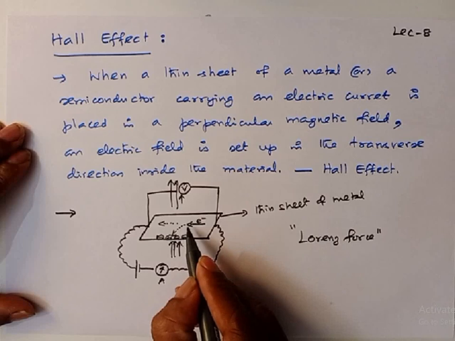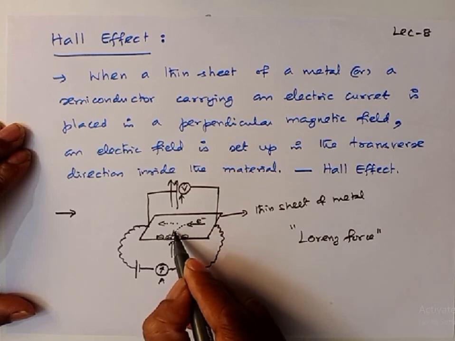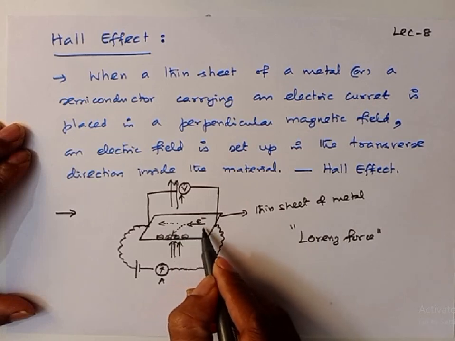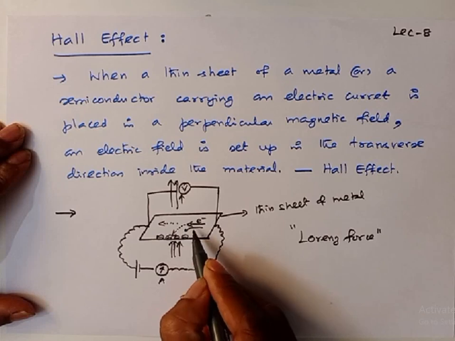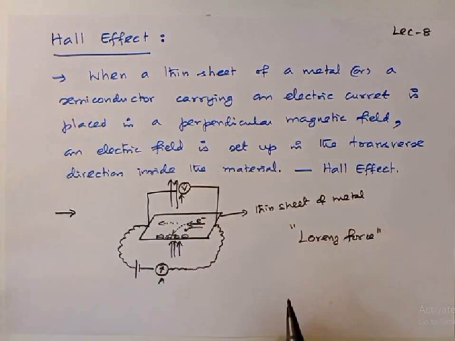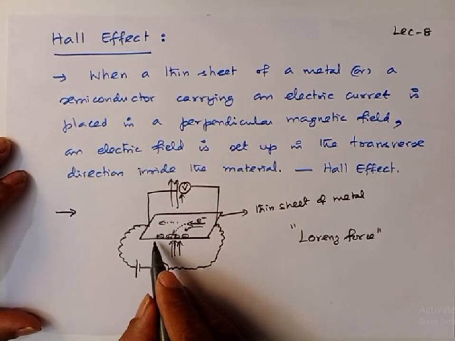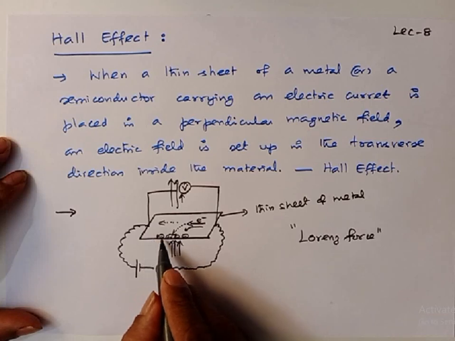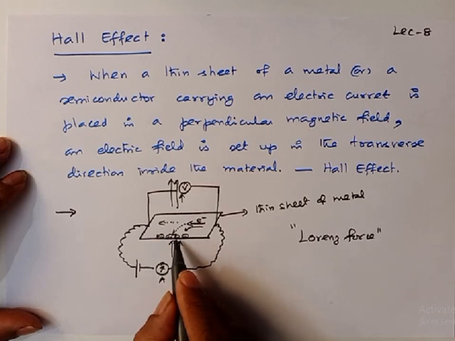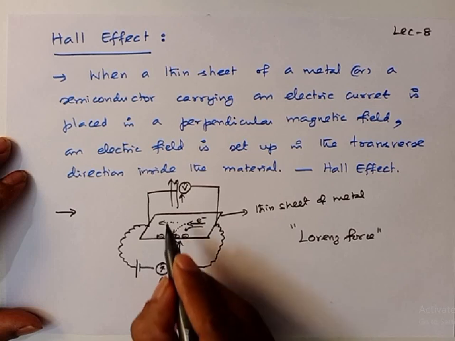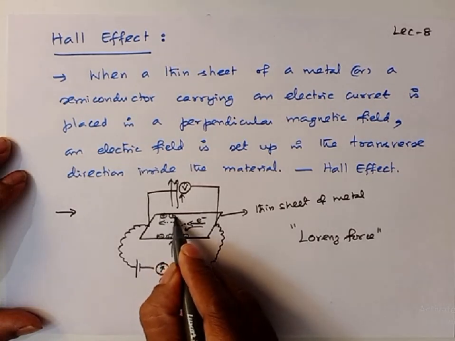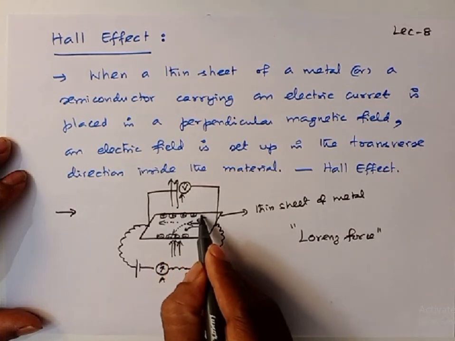Because of that, the direction of the electrons turns. Say a few electrons turn in this direction, so that electrons get accumulated on this side. Equally, opposite charge starts to accumulate on the other side.